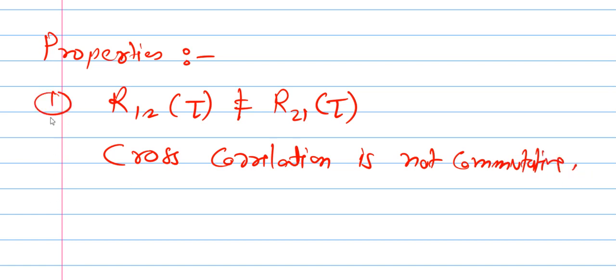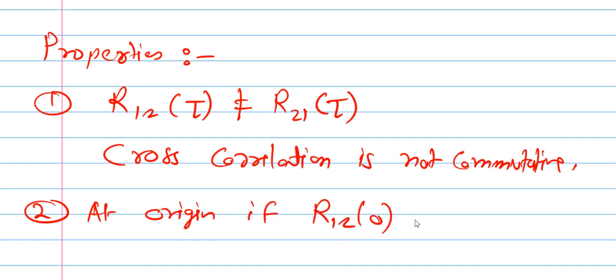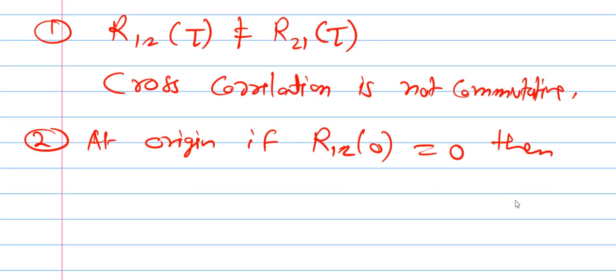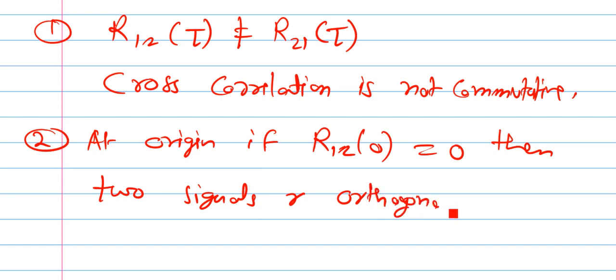Then the second property: at origin, if cross correlation is 0, then the two signals are orthogonal to each other. So this is the second property.